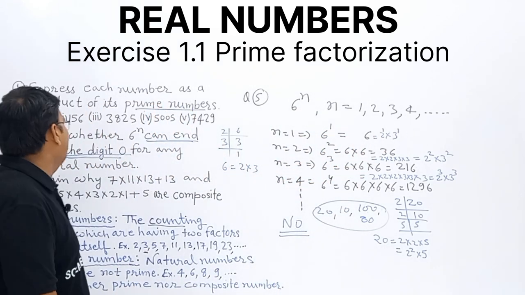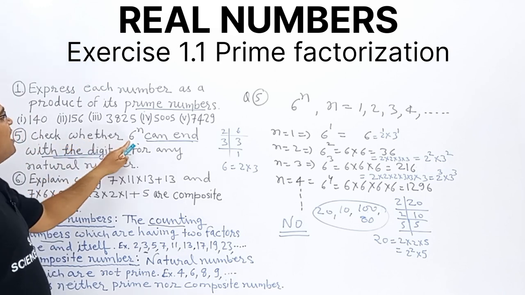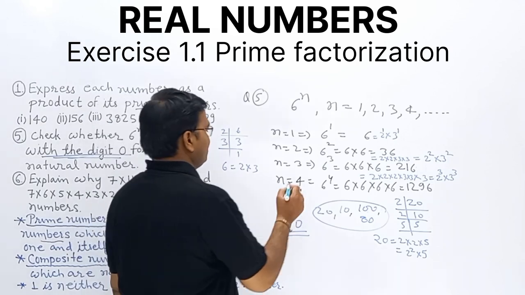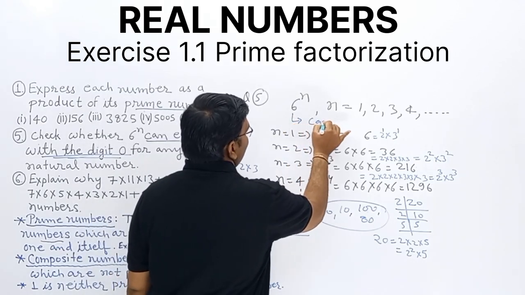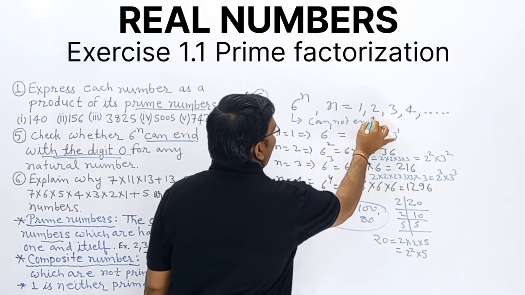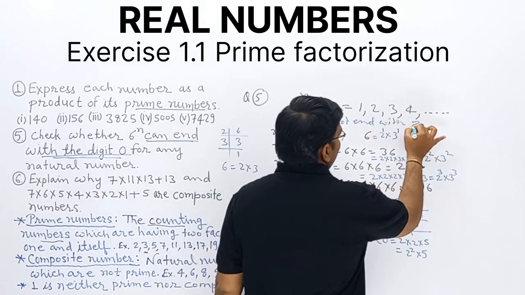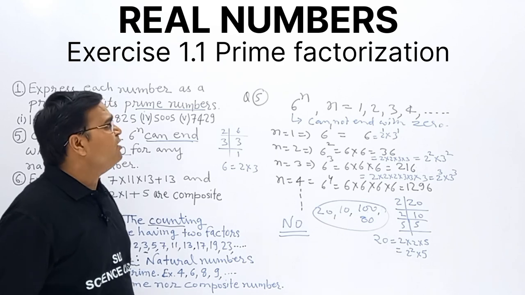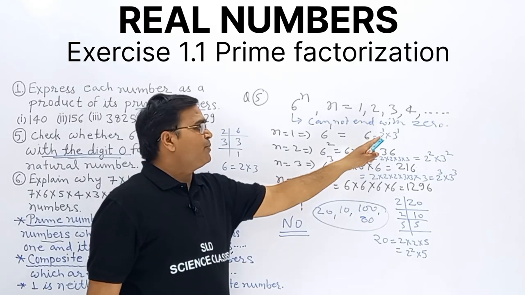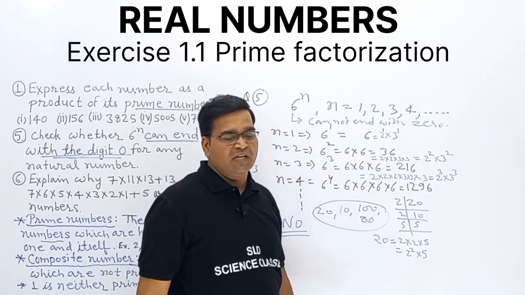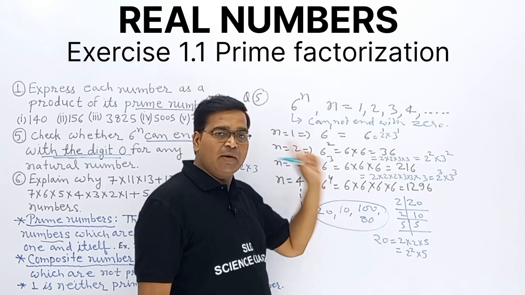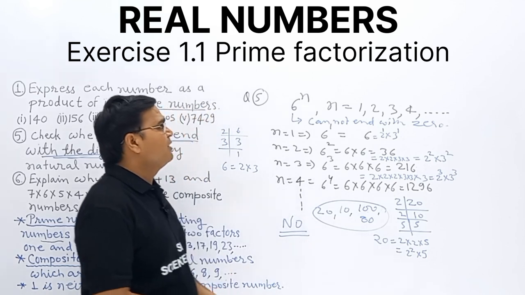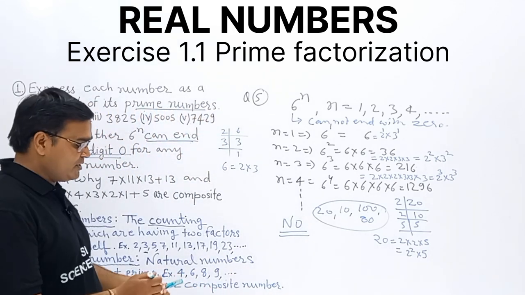So we can say 6 power n cannot end with digit 0. Why? Because it is having prime factors 2 and 3, and for a number to end with 0 it must have factor 5. So this is the solution and best explanation of this question.